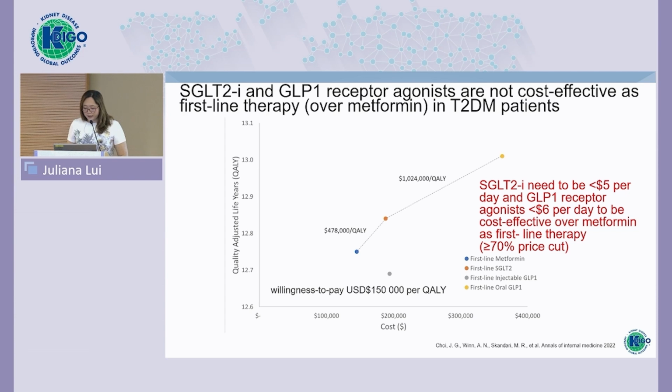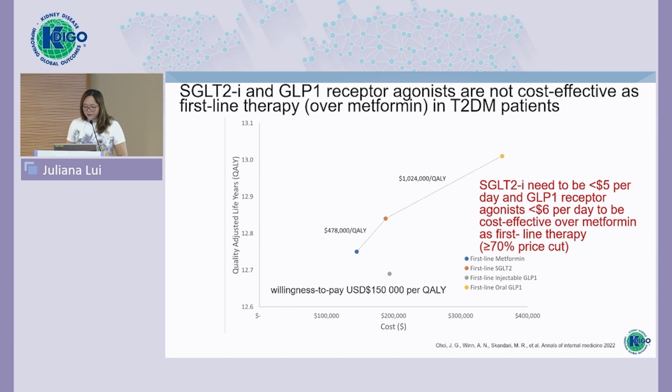Although QALYs gained were higher in oral GLP-1 as compared to injectable GLP-1 due to the disutility contributed by injection, oral GLP-1 were still not cost-effective as compared to metformin in first-line therapy, which is much higher than the willingness to pay threshold in this study, $150,000 per QALY, and same for SGLT2.